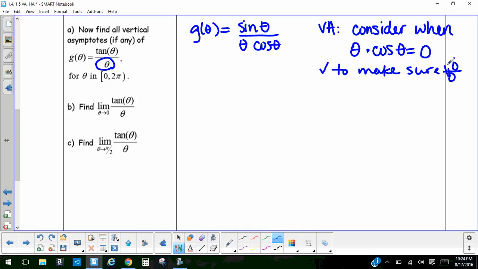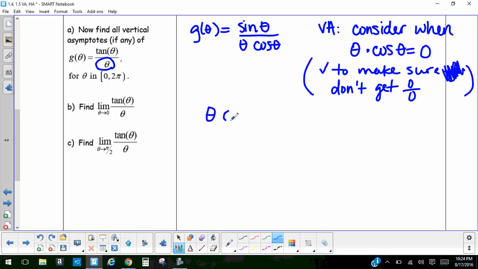So actually, before I write that, let's check to make sure I don't get 0 over 0. Because remember, that did not tell me that I had a vertical asymptote. 0 over 0 just told me that I had more work. So I'll first start by setting the bottom to 0 because nothing's going to cancel here. So I'll start by setting the bottom to 0, but then I have to go back and think about if I end up with 0 over 0.